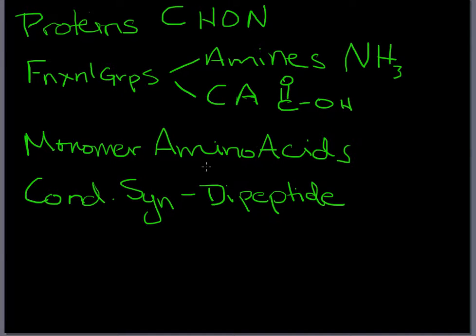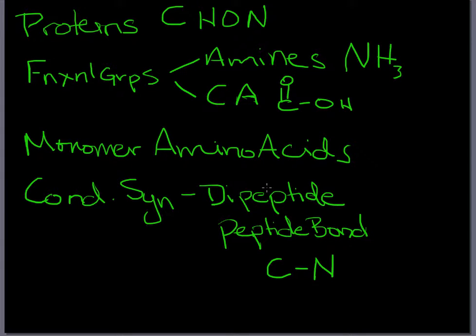The word peptide comes from the peptide bonds, which happen between the C and the N. And again, I'll show you the synthesis in a second. If I put together more than two and I add another one, then my polymer is called a polypeptide.